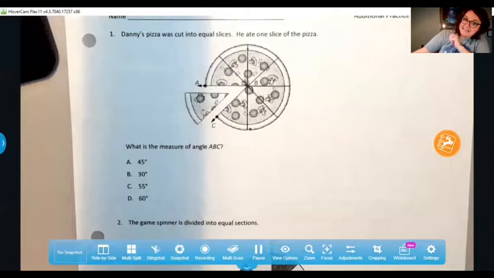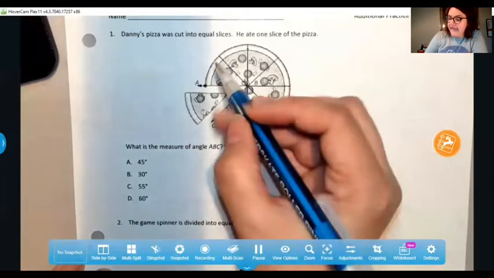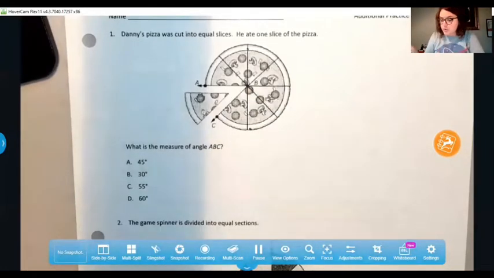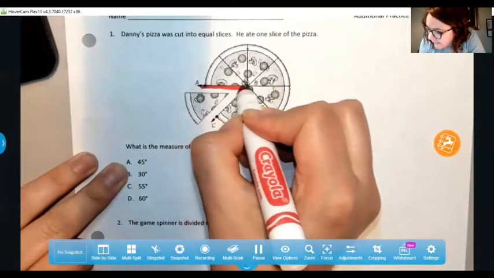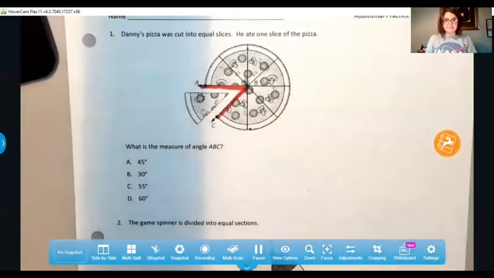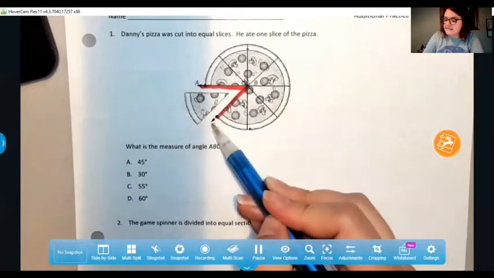It is asking us, what is the measure of angle ABC? I'm going to mark ABC so you can see it. Let's figure out the fraction that our angle ABC is.